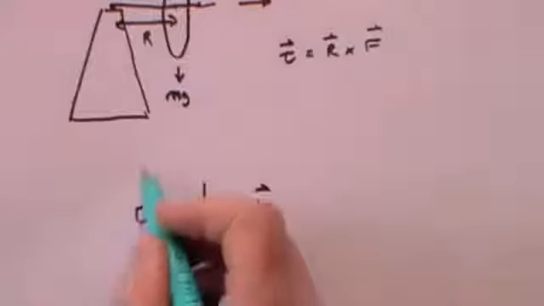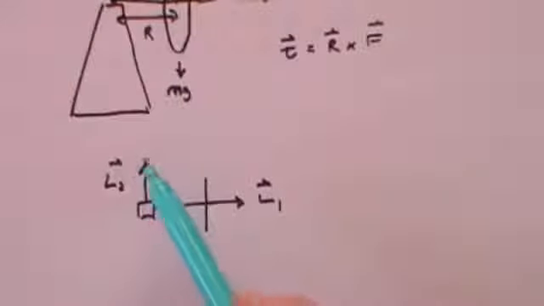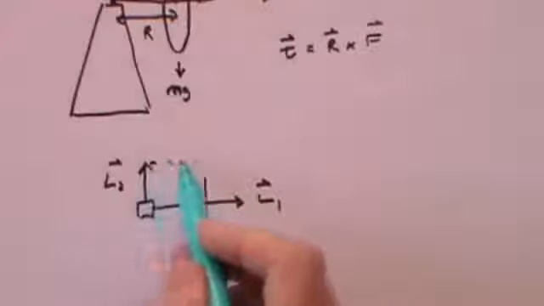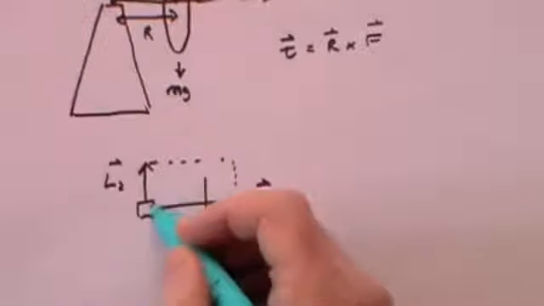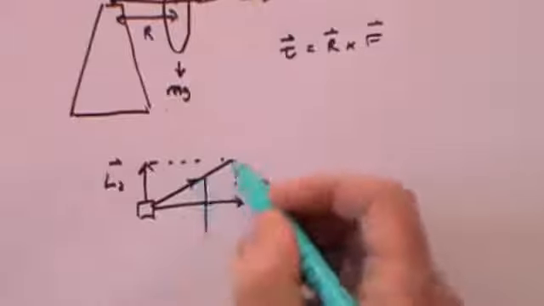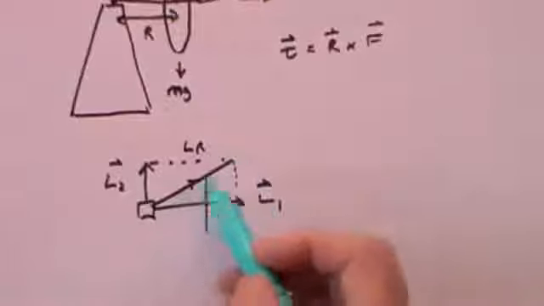Then there will also be a new angular momentum vector, we'll call that L1, we'll call this L2, and that is caused by the attempt by the mass of the actual wheel itself creating a torque, and that torque creates an angular momentum vector in this direction. Consequently, if you do the usual rule of adding vectors together, you'll get a resultant vector, which we'll call LR, in this direction.